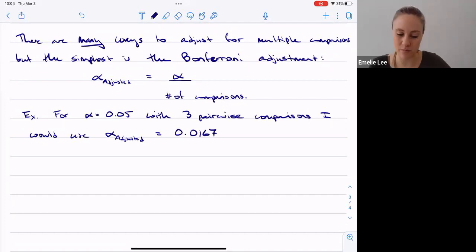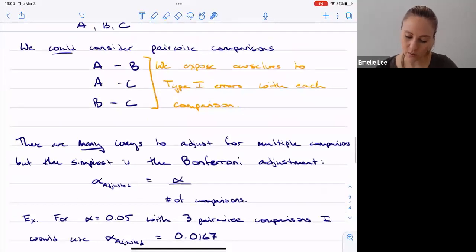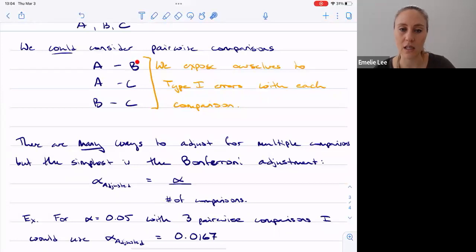It's 6 repeating, but let's just draw the line at a reasonable number. So instead of using 0.05 at each test, the only change that I would make is to use an alpha level of 0.0167 at each turn, right? And so now I'm exposing myself to the same amount of type 1 error overall, but it's been divvied up among the comparisons. Okay.